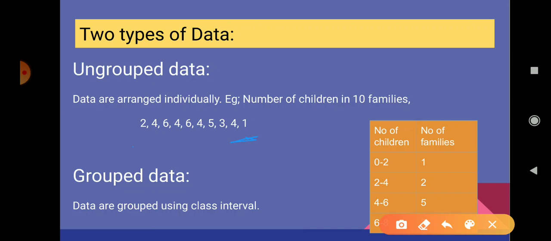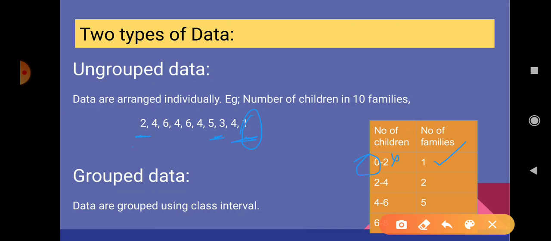The upper limit is not considered, only the lower limit. So the number of families is only 1. Next, the number of children 2 to 4. Here we'll consider 2, will not consider the upper limit 4. So 2 to 4 means here 2 is there and 3 is there. So how many families? 2 families.